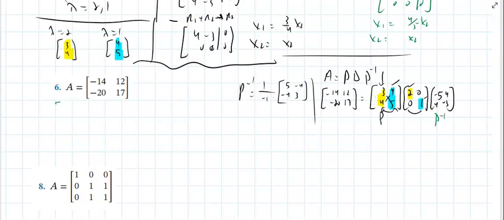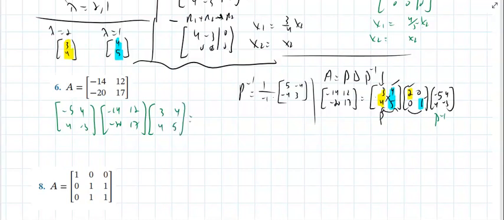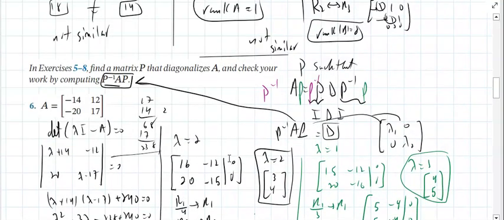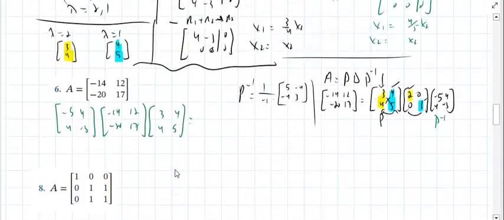So if I take P inverse, A, and P, and as I showed, if you take P inverse AP, you'll get the diagonal matrix with the eigenvalues.